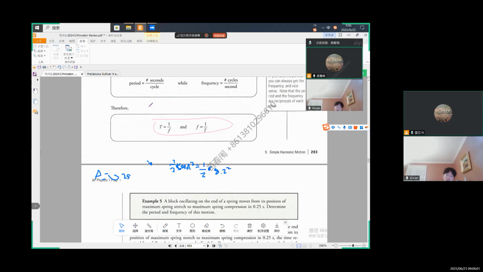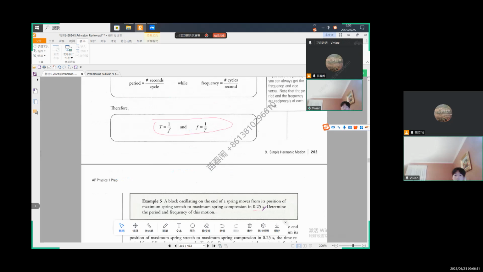Example 5. T equals 1/f. Wait, f is frequency in this one? This is frequency.